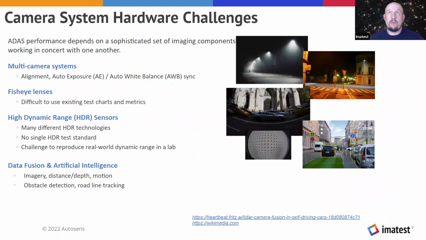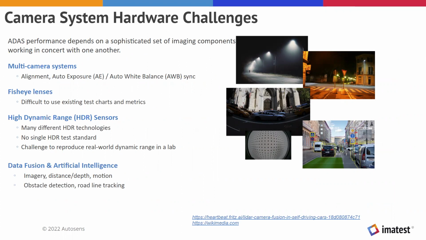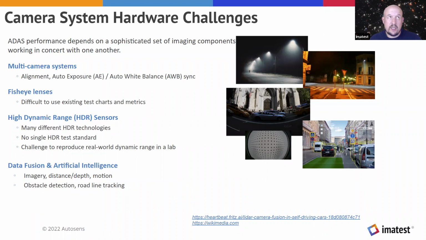And then with the camera system hardware, there's many challenges there, such as getting multiple camera systems aligned with each other. 那在一个工作的可能性,就是用很多的不同的多个相机一起来工作。With fisheye lenses, it's very difficult to fill the field of view, or it's impossible if the lens is wider than 180 degrees.